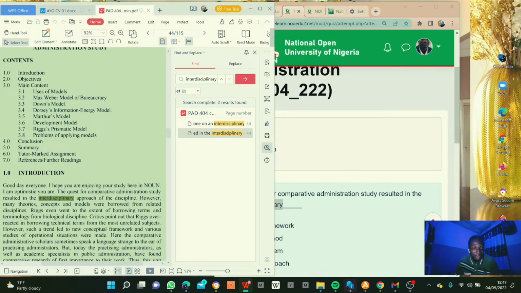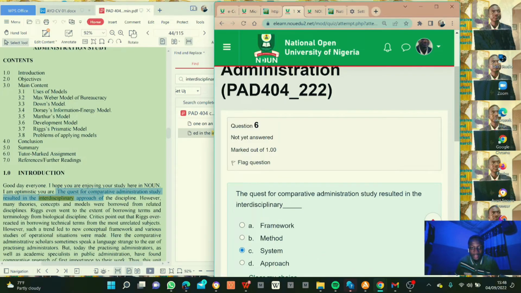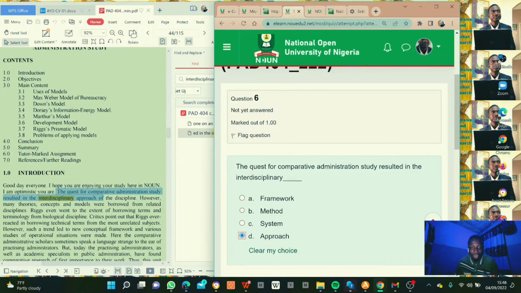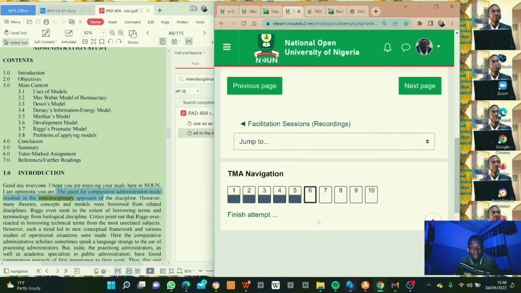It says here, the quest for comparative administration study resulted in the interdisciplinary approach of the discipline. Interdisciplinary approach. Good. Approach, that's the answer. So we'll move to the next question.